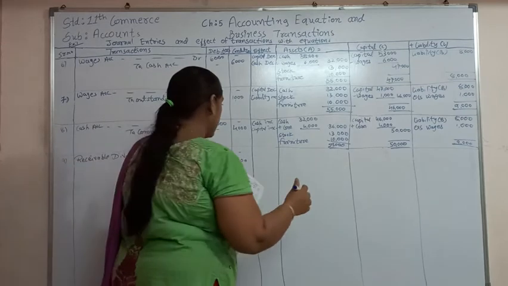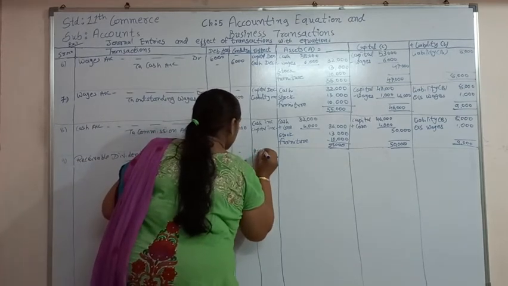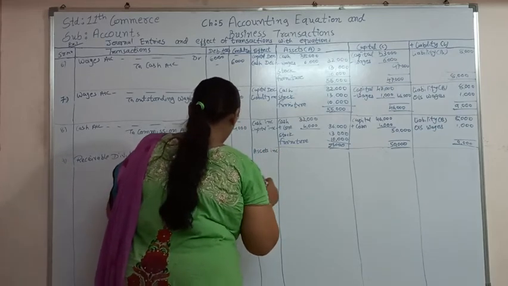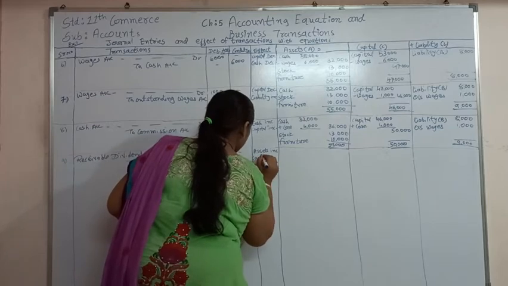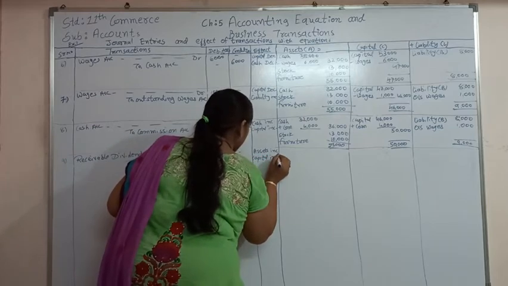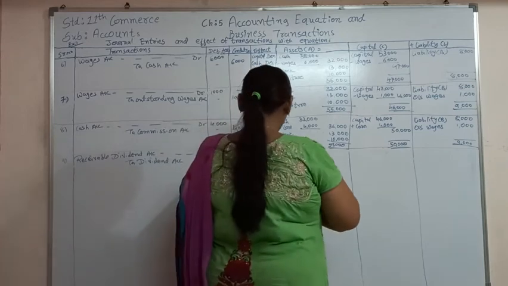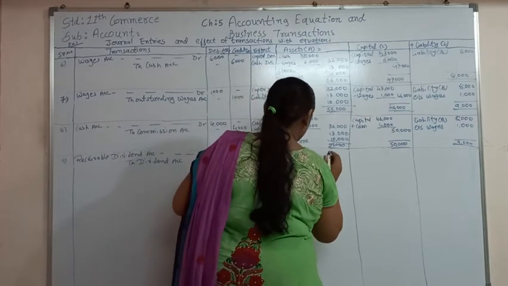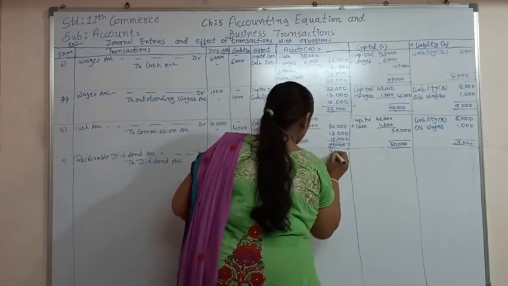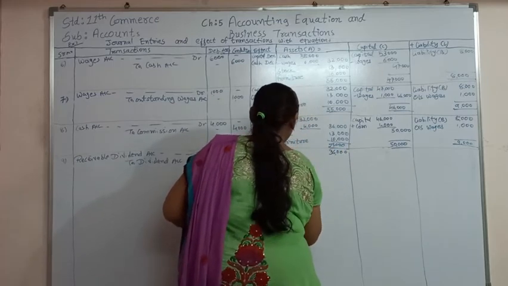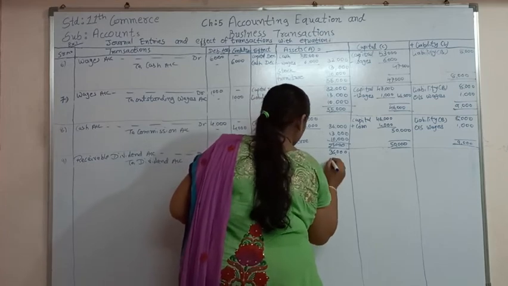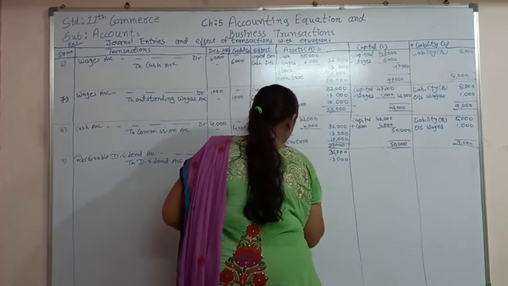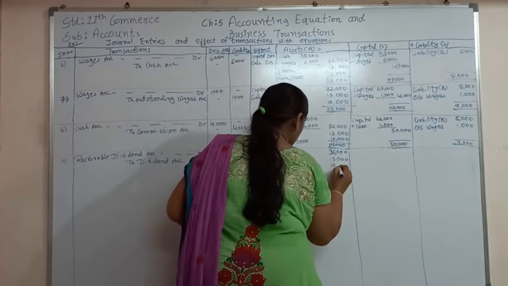And here asset is going to be increased and capital is also going to be increased. Here cash will be same, that will be 36,000. Stock will be 13,000. Furniture will be 10,000.